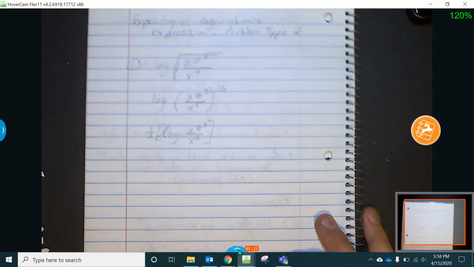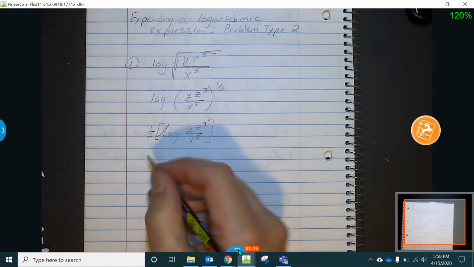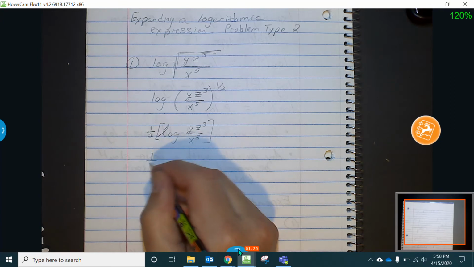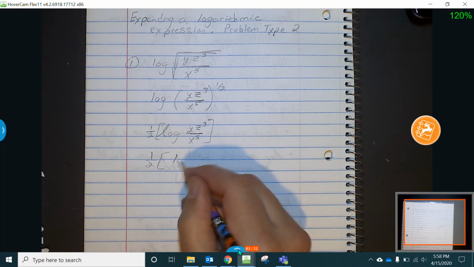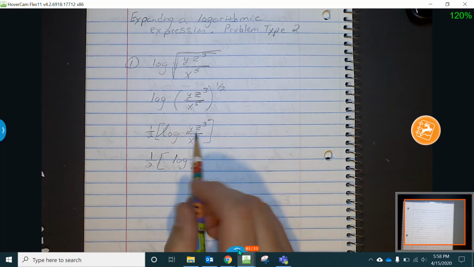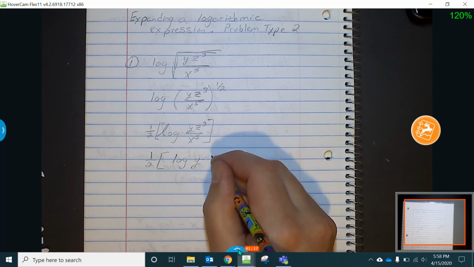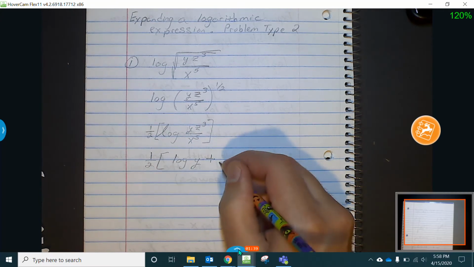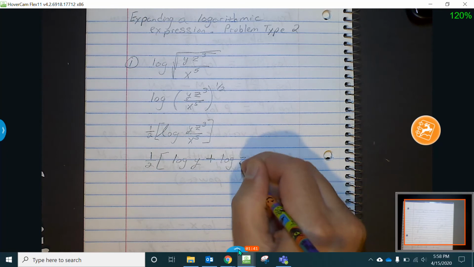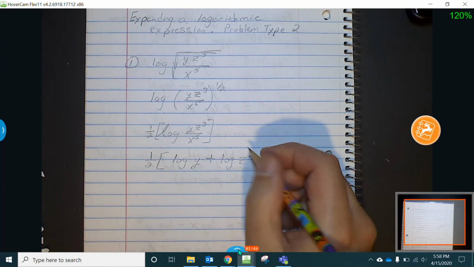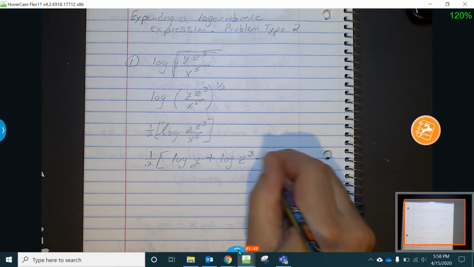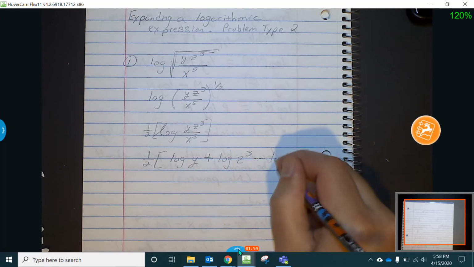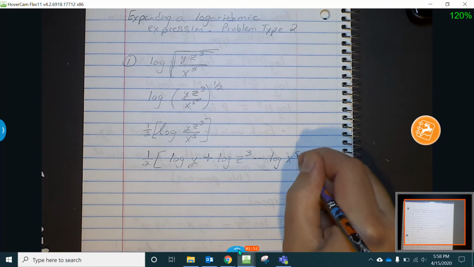And now we have to break this up like we did before. So we have the 1/2, okay, we have log y. y is multiplying z, so I'm going to go plus, because remember multiply turns into plus, log z to the third. And now x to the fifth is on the bottom, that means we're dividing, so minus log x to the fifth.